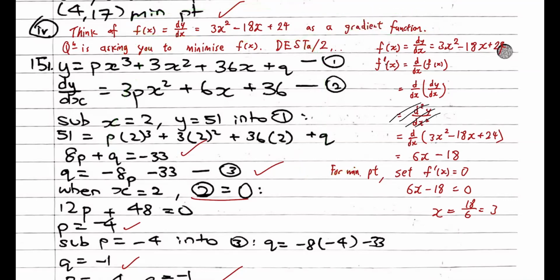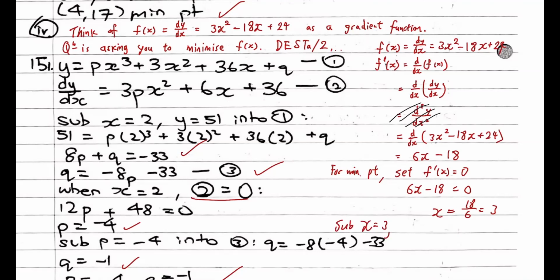Why do you find the second derivative? Because here they are asking you to minimize the gradient. So sub x equals 3 back into f of x. Yes, correct, exactly. Then the y is your answer. No, y here is f of x.